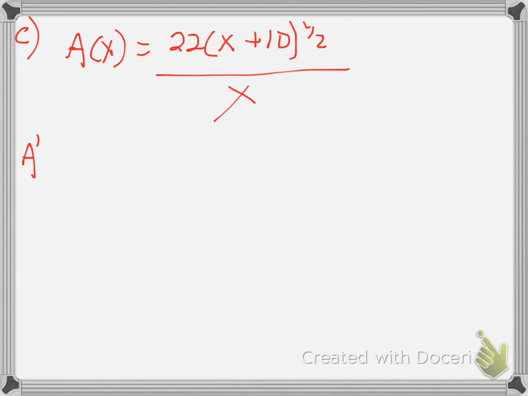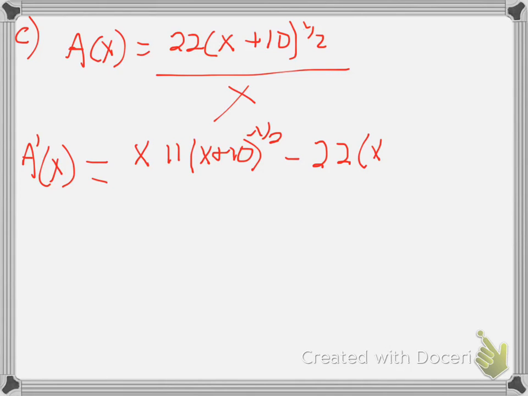So we're going to take the derivative, A prime of x. We're going to use the quotient rule. So we've got ho d high, well, this is 11 times x plus 10 to the negative 1/2. We did that up in part A. Minus high d ho, the derivative of x is 1, and this is all over x squared. So that's A prime.